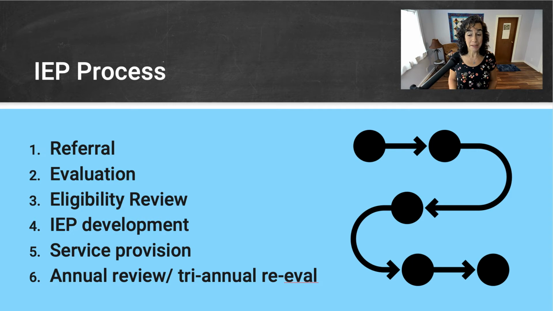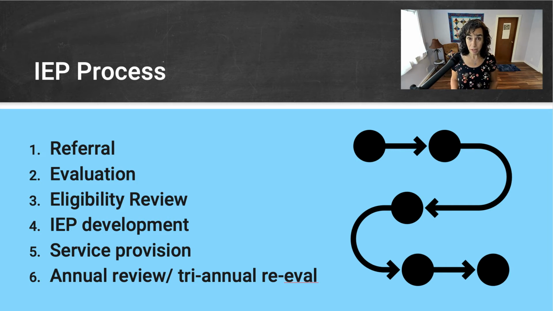So the process. Well, a referral happens, and the referral can be made by parents, teachers, or school staff. It can also be made by something called child find, which is a legal requirement for all school districts to locate, find, assess kids who may have disabilities so that they don't slip through the cracks.